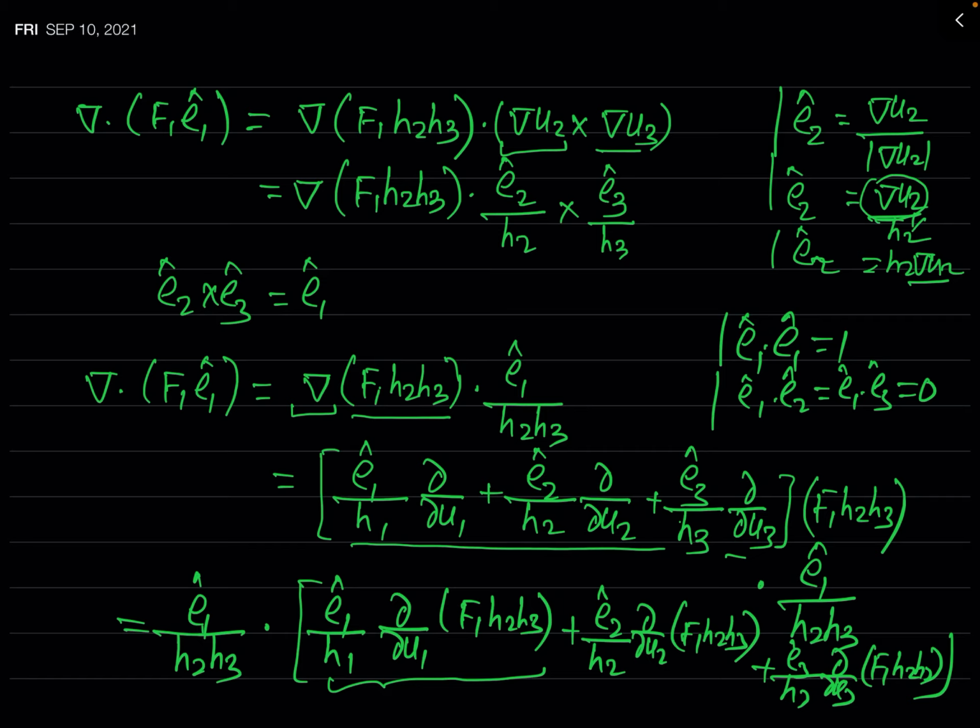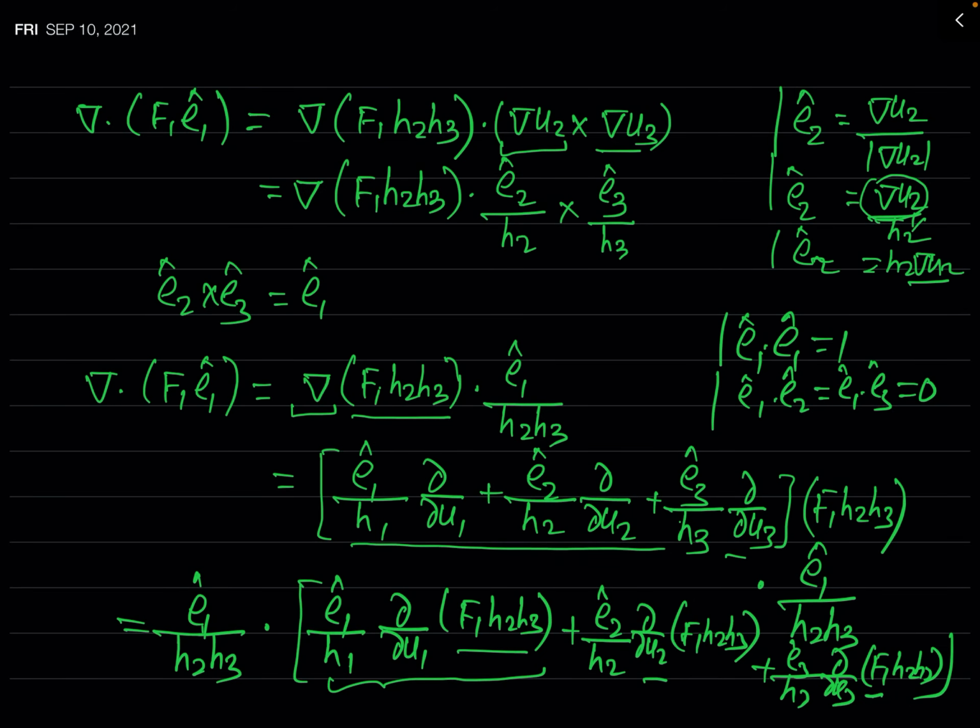After taking the scalar product with E1 hat, the second and third terms will vanish, and only the first term will remain non-zero. So what will be your result? E1 dot E1 will be 1. So this will be simply 1 over H2 H3 times H1 del U1.